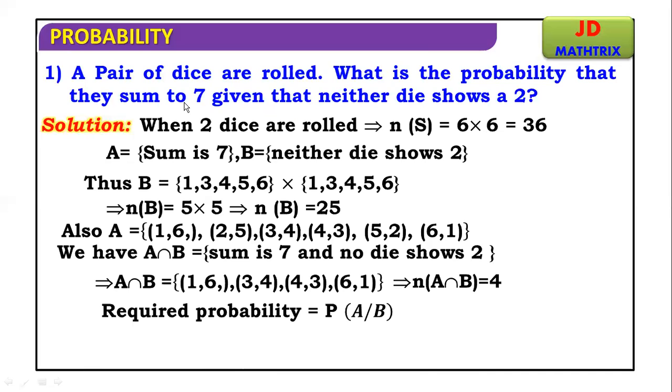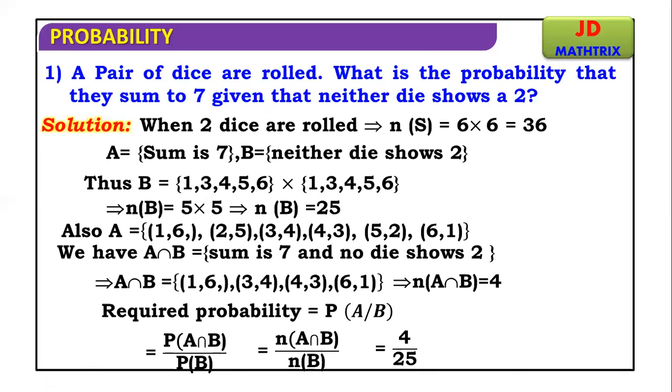After that, we are calculating the probability of getting 7. So the required probability is equal to P of A given B, that is P of A intersection B by P of B, or n of A intersection B by n of B. So n of A intersection B is 4 and n of B is 25. So the answer is 4 by 25. That is the required answer.